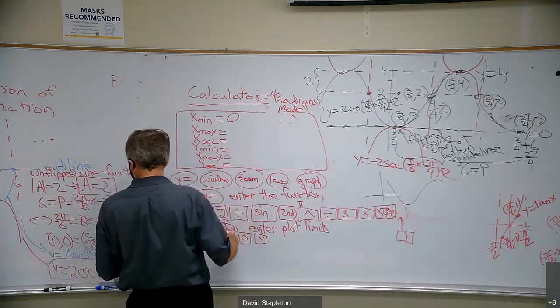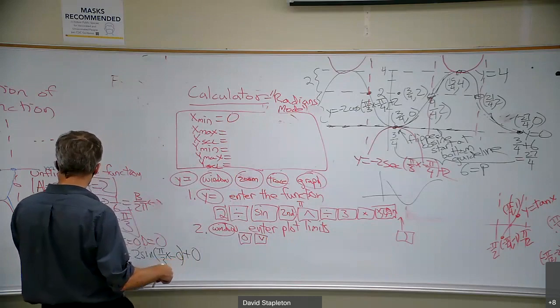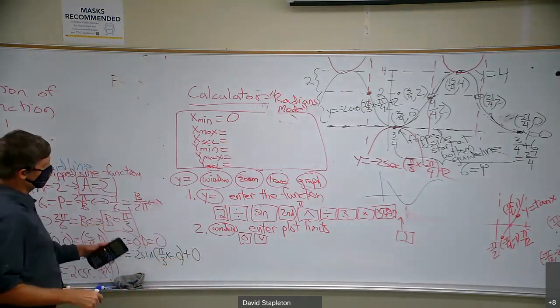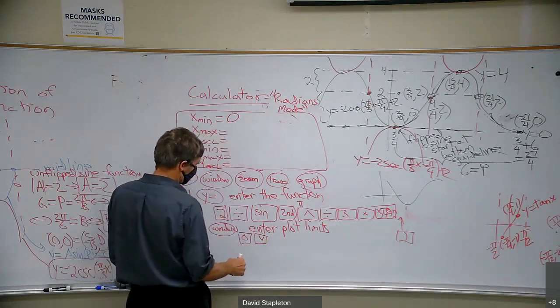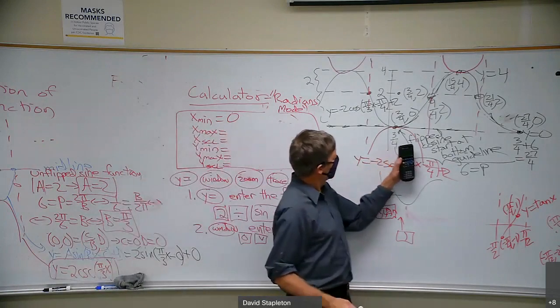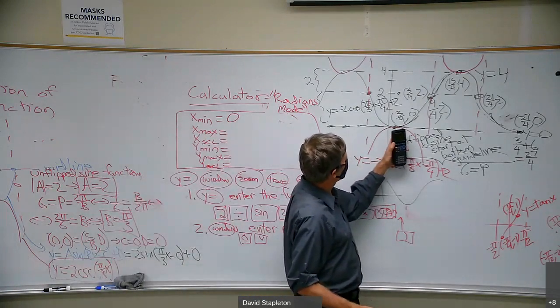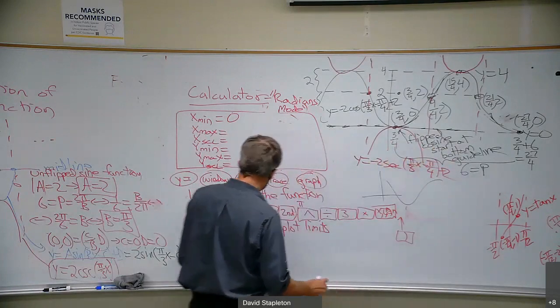And maybe I want to plot it out to, what's the period here? It was 6. So I can plot it out to, maybe actually, yeah, it's out to 6. So maybe I want to show just one period. I might plot from 3/4 to 27/4. Why don't we do that?